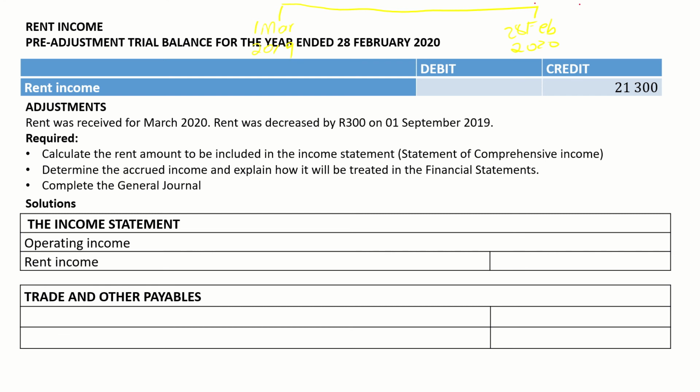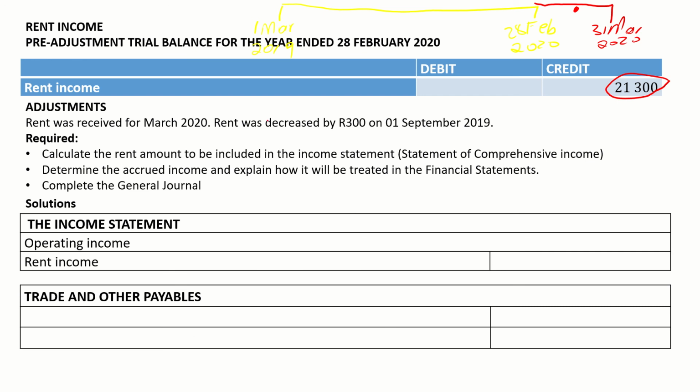However, there was rent received for March, and that rent received for March 2020, we need to take it out. We don't know how much it is, but it needs to be subtracted from the 21,300.